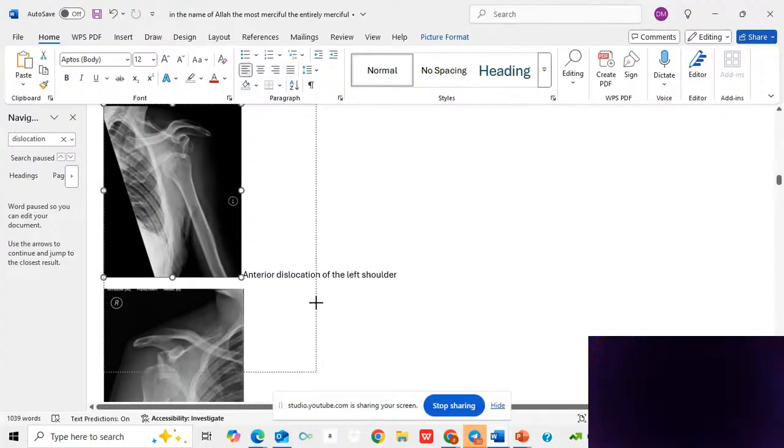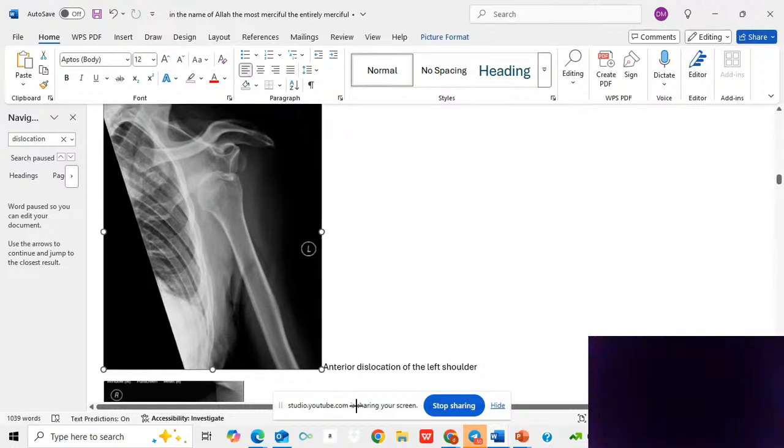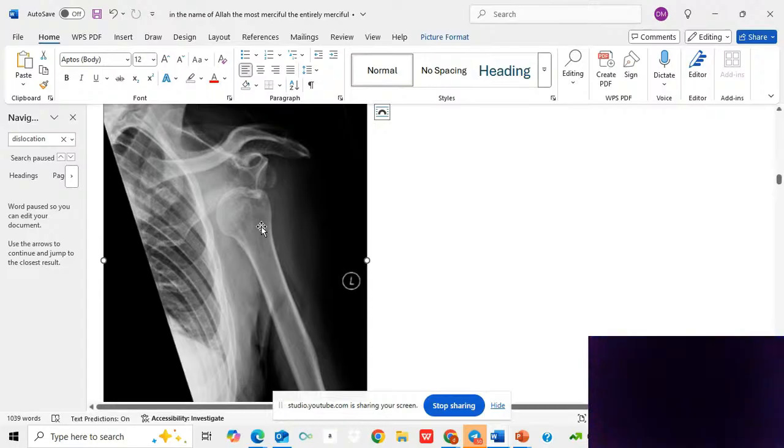So this is an example of anterior shoulder dislocation, or anterior dislocation of the left shoulder. You need to look carefully once you see the anterior dislocation of the shoulder.